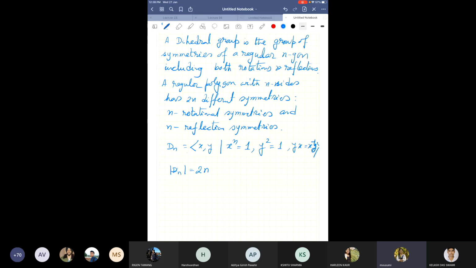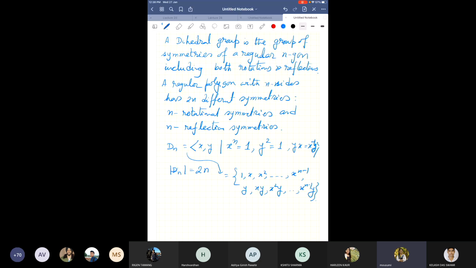So the elements of this group are nothing but the 2n elements: 1, x, x square, so on up to x to the power n minus 1. These are all the rotations, and then you have reflections y, xy, x square y, so on up to x to the power n minus 1 y. So this is the dihedral group of order 2n.